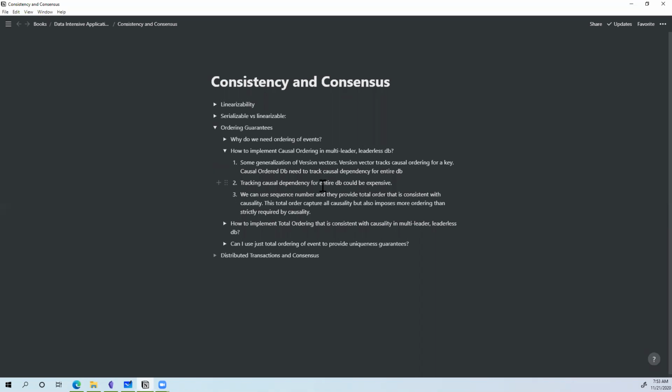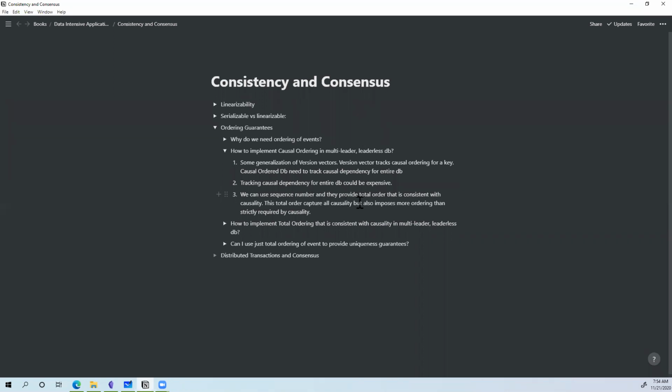Later we will discuss how we will use the sequence numbers between various nodes. But if we use something like sequence numbers, they will not only provide us causal ordering, they also provide the total order.